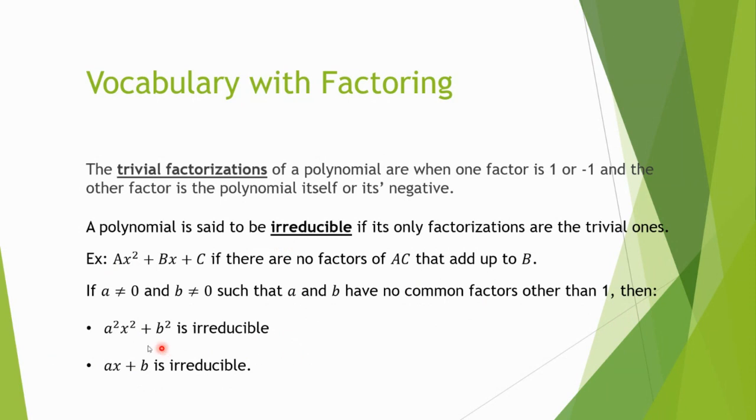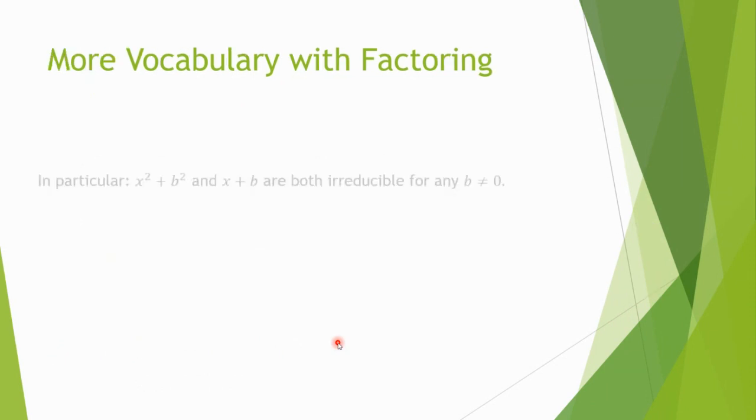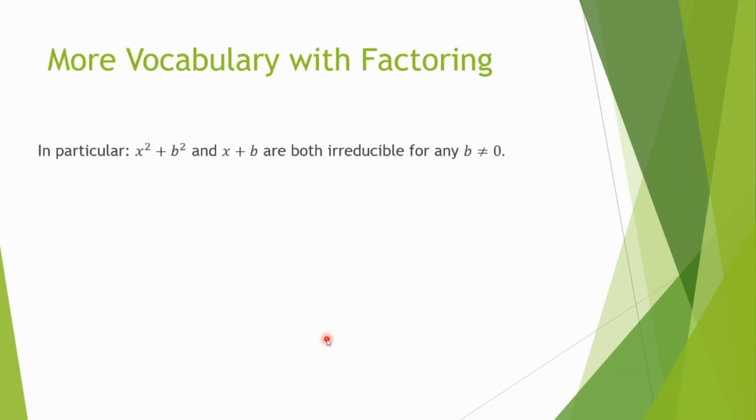In particular, if we take A to be 1, then you get irreducible polynomials. That's what I'm saying here. So x plus 1, x plus 2, whatever, or as we saw earlier, the sum of two squares, that's irreducible. Again, you can't break them down any further. If it's not irreducible, we say it's reducible.